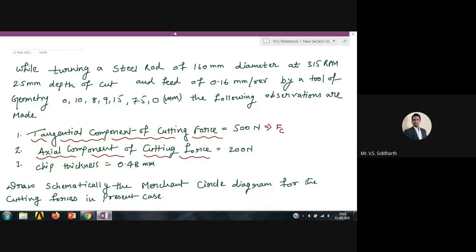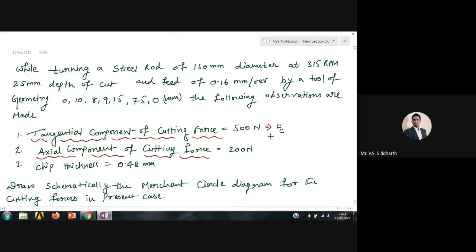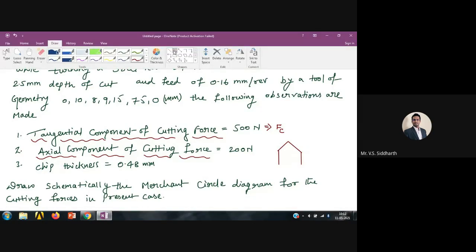Thrust force, sir. Not thrust force. I know that you will say that it is thrust force, but it is not. Why? I will tell you. This is the top view of the tool. Everyone observe, please.